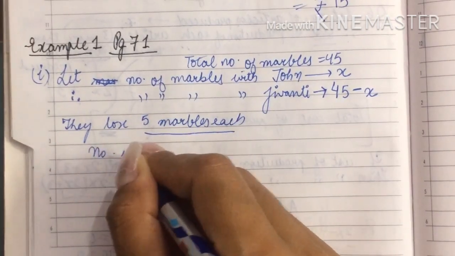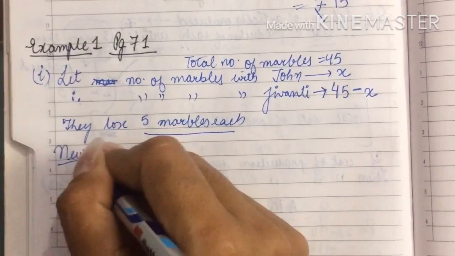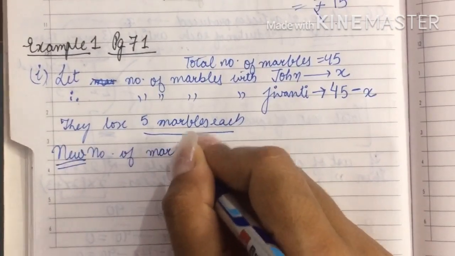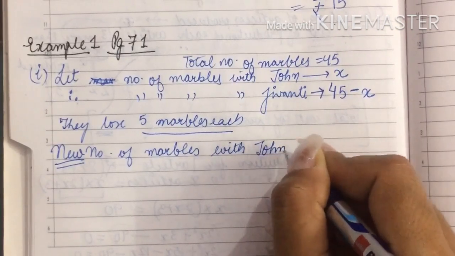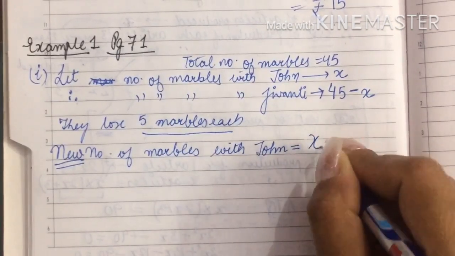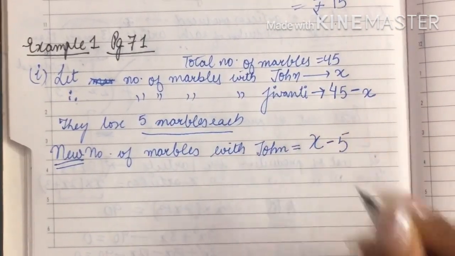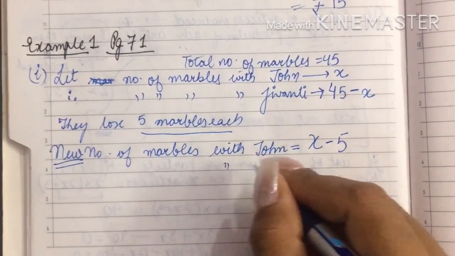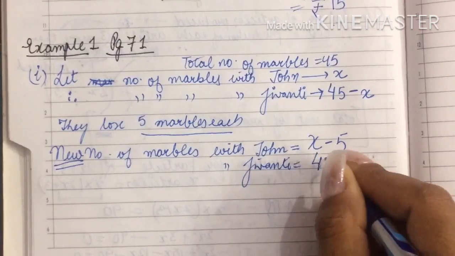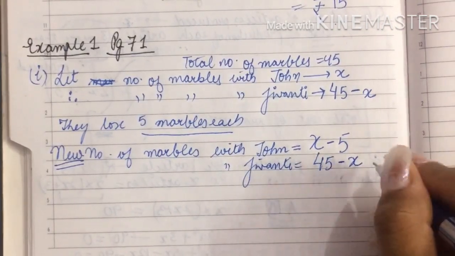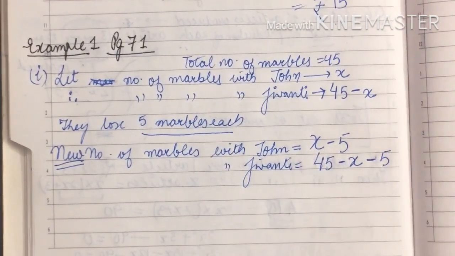So this is the new number of marbles with John. Earlier he had X marbles, so 5 were lost. With Jivanti, she had 45 minus X marbles. She also lost 5 marbles.